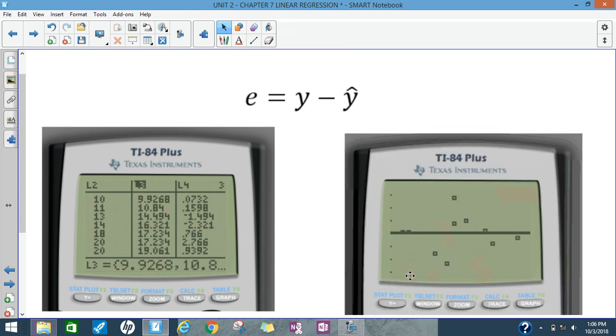And so we get what we call a residuals plot. It should look like a scatter plot. And the better our equation, the better our line fits our data, the less this is going to look like it has any sort of pattern.